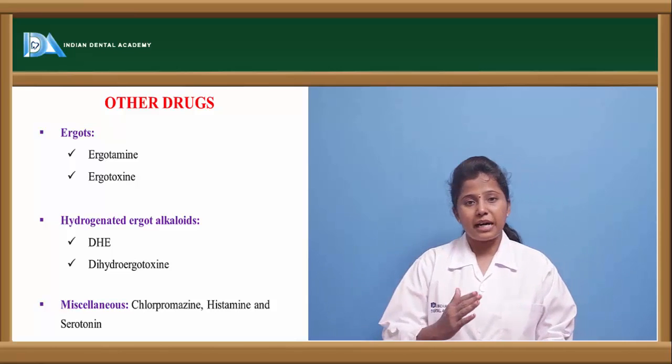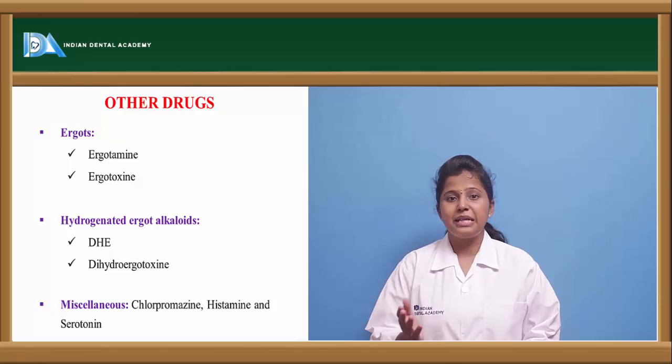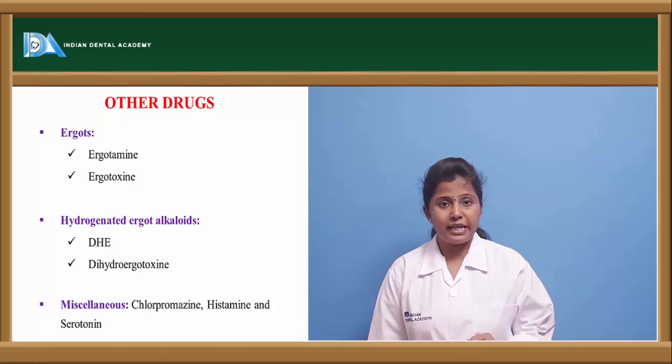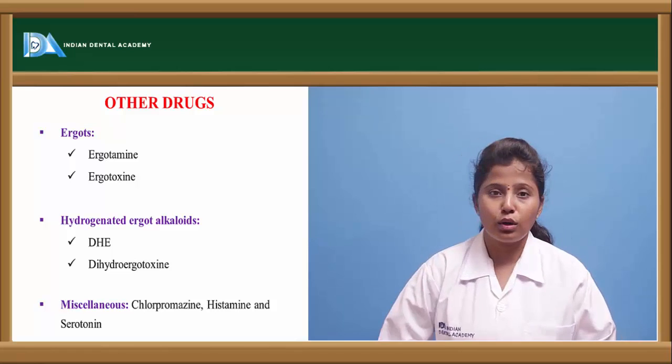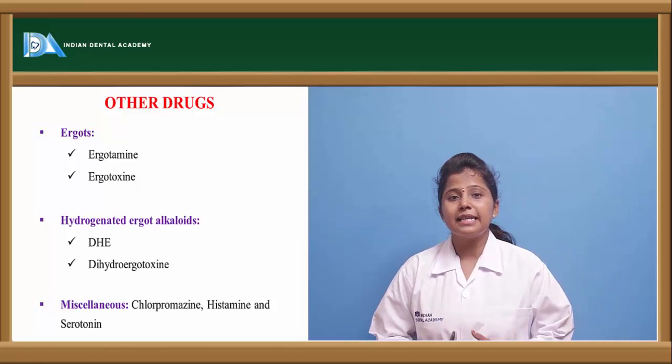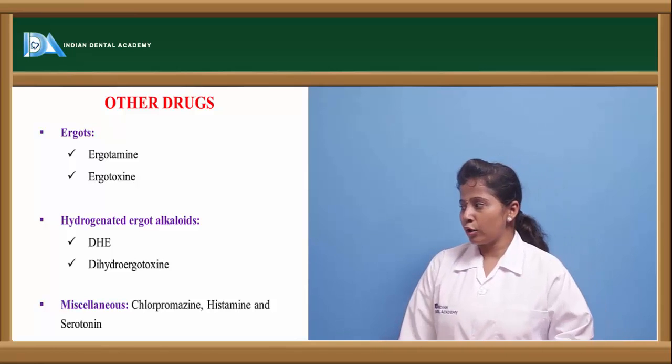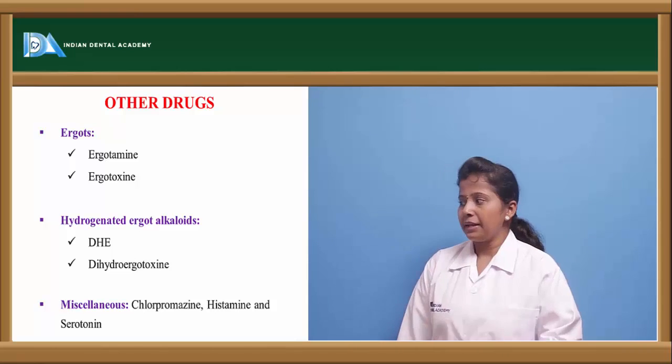Apart from alpha and beta adrenergic antagonists, there are other drugs which show sympatholytic action, for example ergot alkaloids. These are plant derived alkaloids and include ergotamine and ergotoxine.